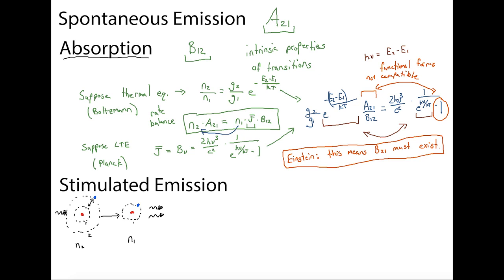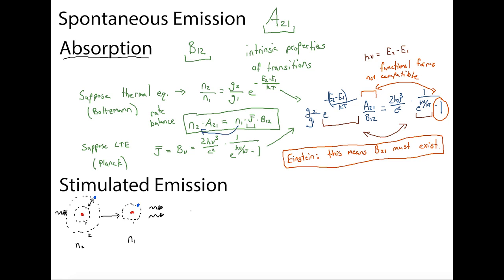So the presence of this photon shaking this electron at the right energy level that would help it go from 1 to 2 also can help extract that energy from the system and help the electron drop from 2 into 1 and create 2 photons instead of just 1. So that's my hand-wavy, intuitive picture of what stimulated emission looks like.